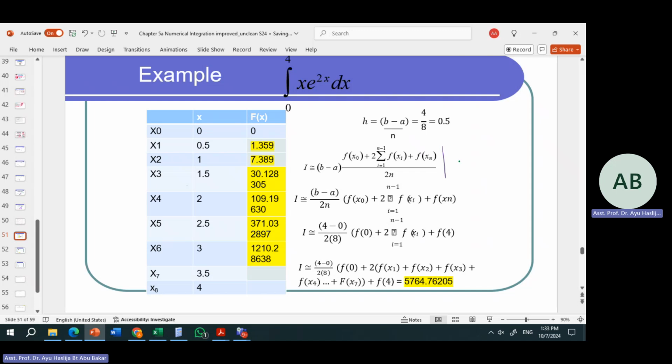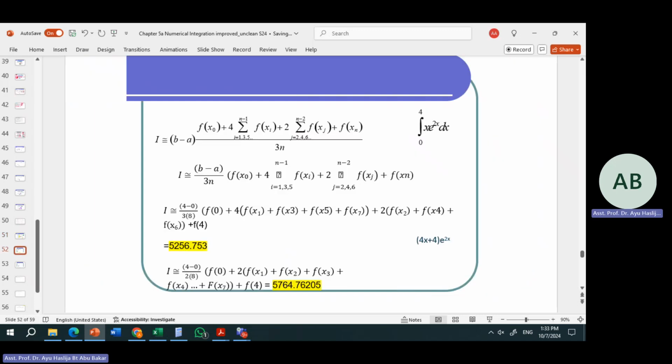This is a multiple trapezoid. It will get this value. This example I explain only. We will do the next final exam question. Now this multiple trapezoid gets this value.